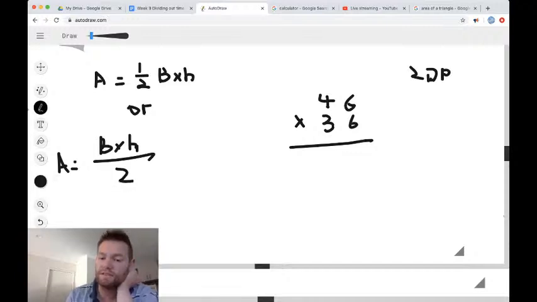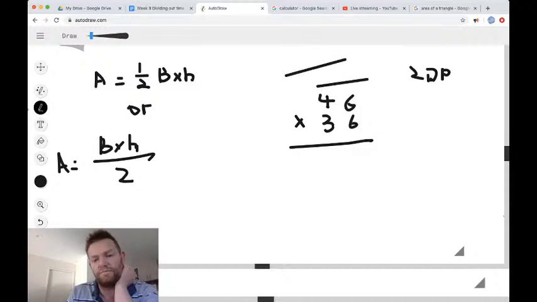Now 6 times 6 is 36. So let's do our lines above the top. I'm going to write the carried numbers for this first one in here, and then if there's carried numbers for the second line, they're going to be written up there. So there's clear separation. So 6 times 6 is 36.